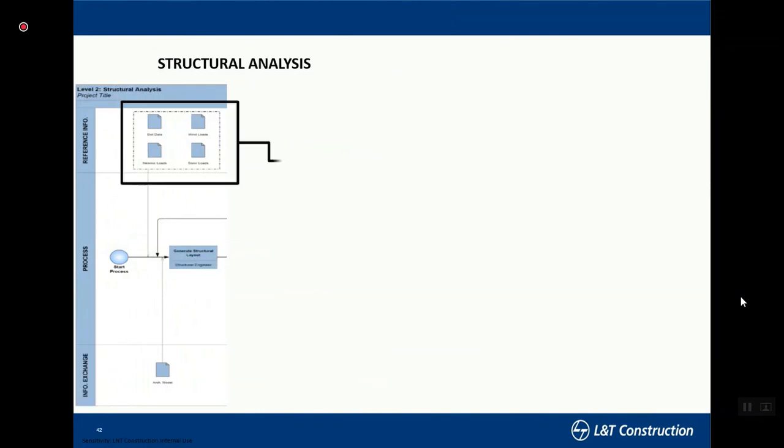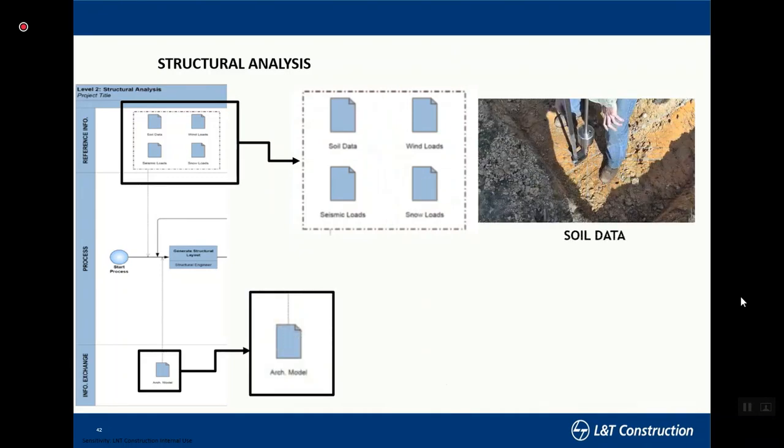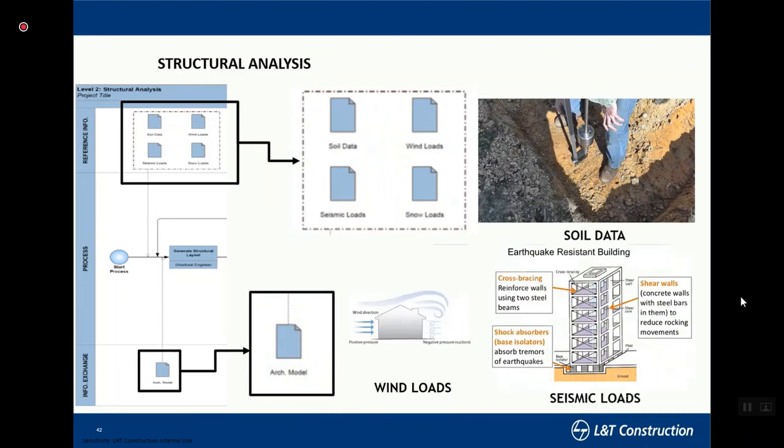When I am doing structural analysis, the first reference is the data that I get by various tests that we do, such as the soil data, the wind loads, the seismic loads and snow loads that we take as an input. And the information exchange or the input for me to work on is the architectural model of a building kind of structure, or it could be a mechanical layout or the mechanical model if required on various process oriented models.